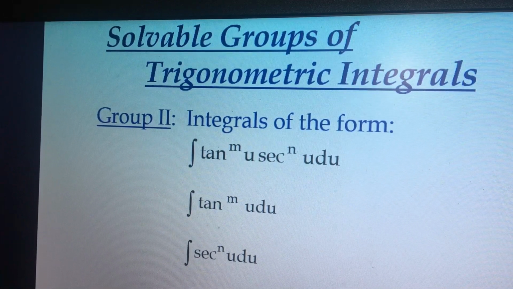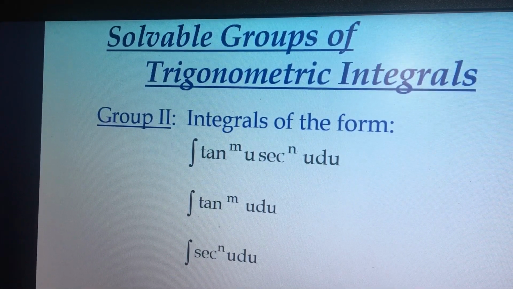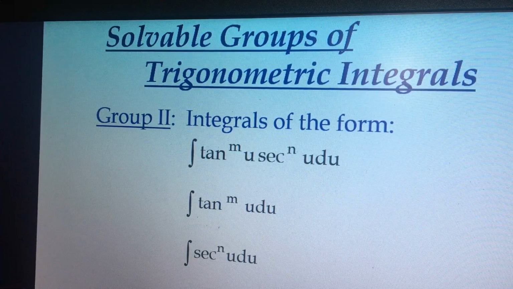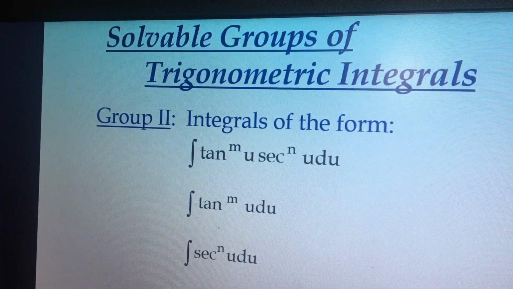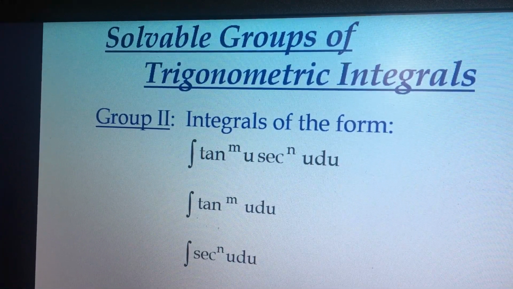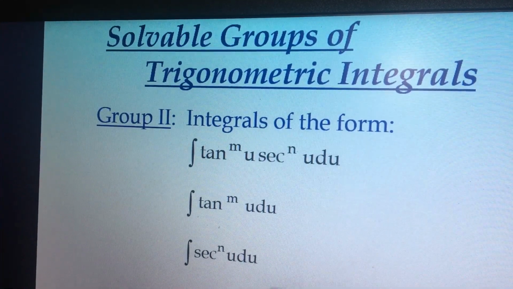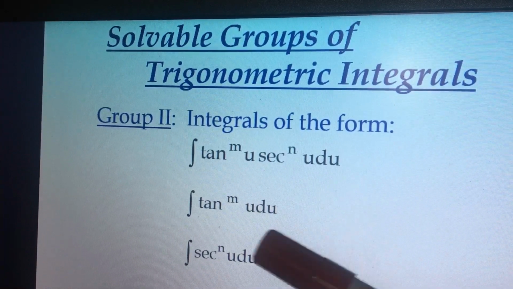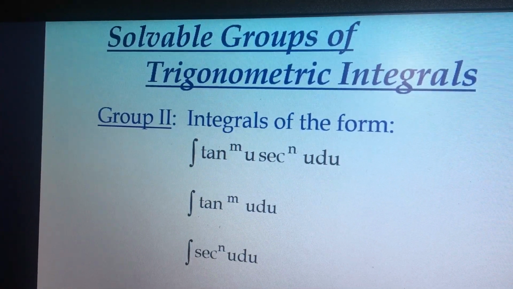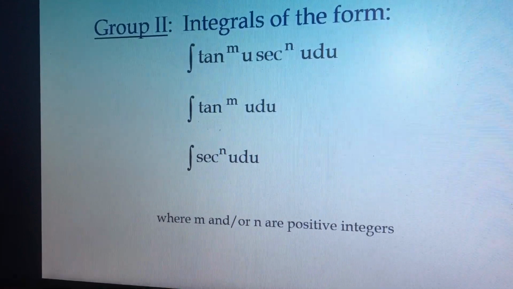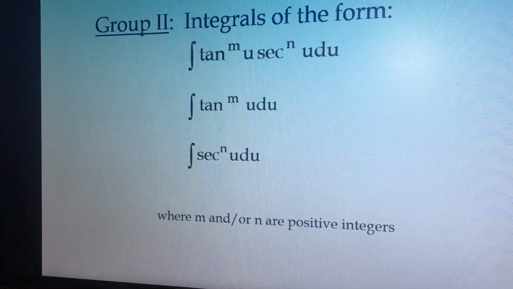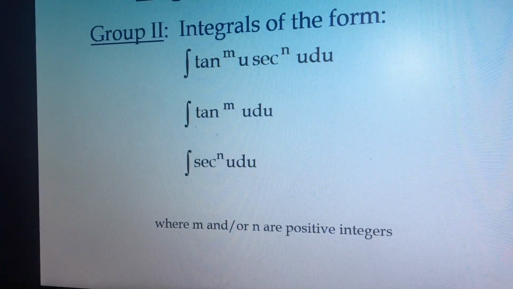Today we are going to continue our discussions on solvable groups of trigonometric integrals, group number 2. And group number 2, integrals of this form, where m and or n are positive integers.